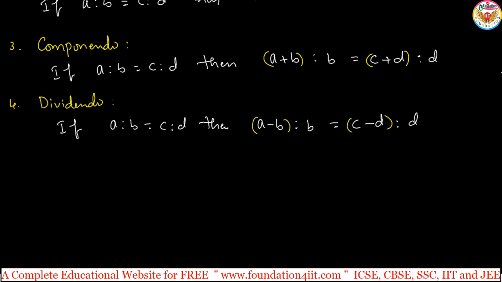Next, the fifth one: third and fourth together we can make the fifth. That is componendo and dividendo combined, the componendo and dividendo rule.